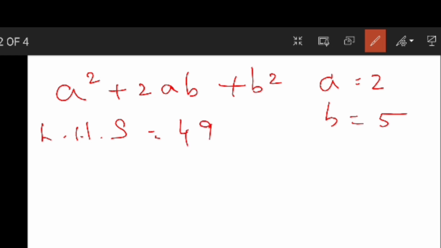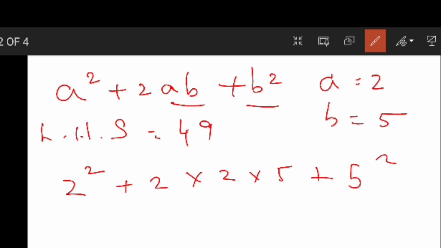So now I will substitute a and b on the right side. So 2 squared plus 2 into a is 2 and b is 5, plus b squared is 5 squared, right? So I'll get 4 plus, 2 2s are 4, 4 5s are 20, right?